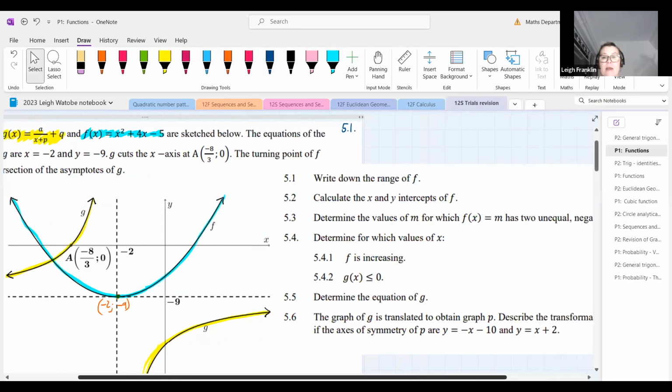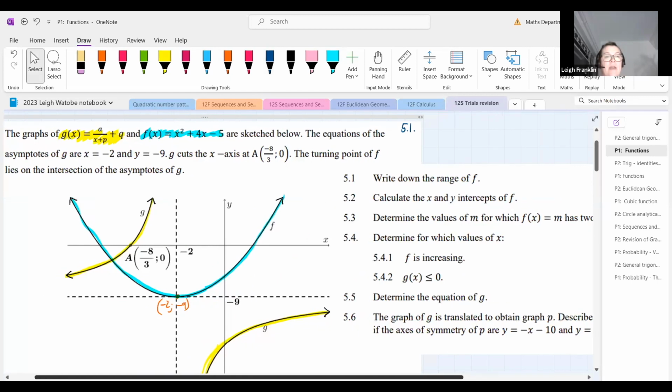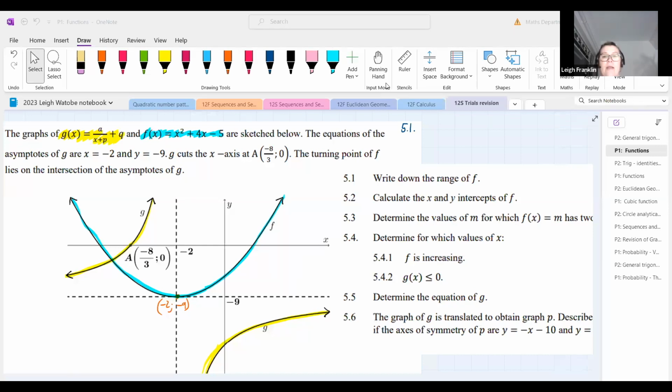How would we do that? It's 1 mark, the range of f. Okay, Lesedi is suggesting something. Mbali, a different answer. Jude, same answer as Mbali.